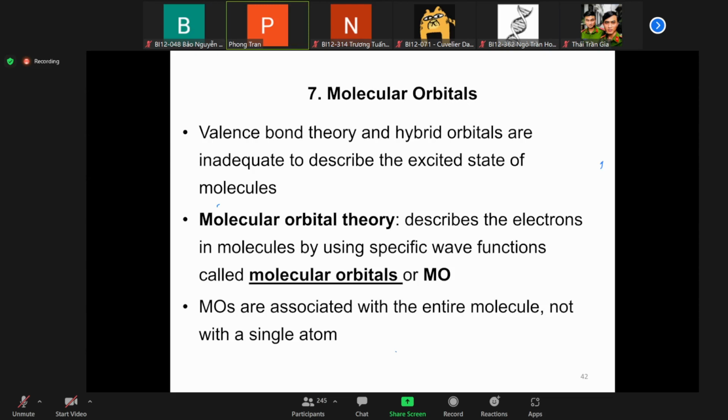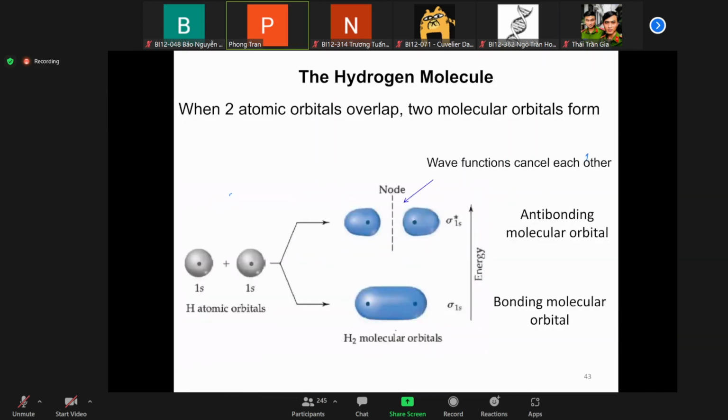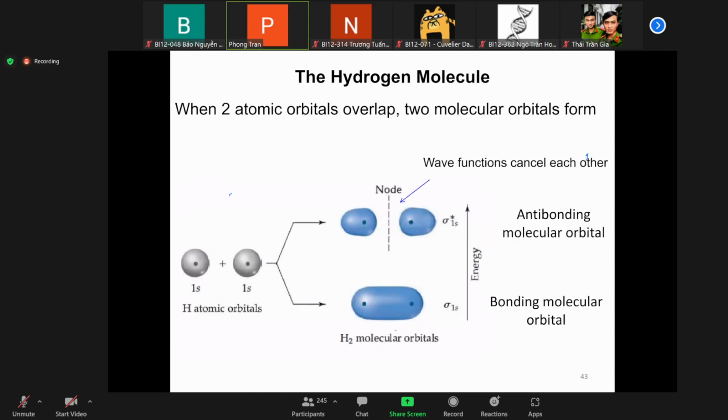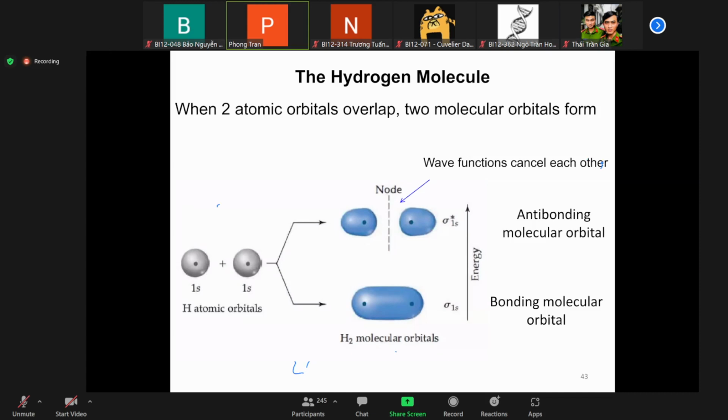Okay? So you consider the molecule, not only the atom. So we start with the combination of the atomic orbitals, by the concept we call linear combination of atomic orbitals.